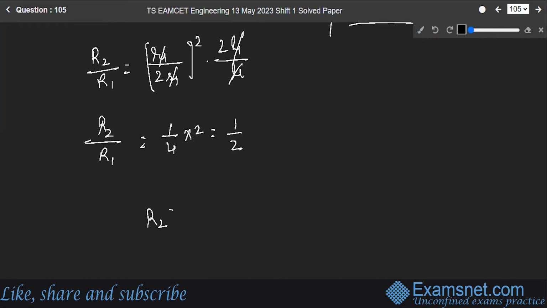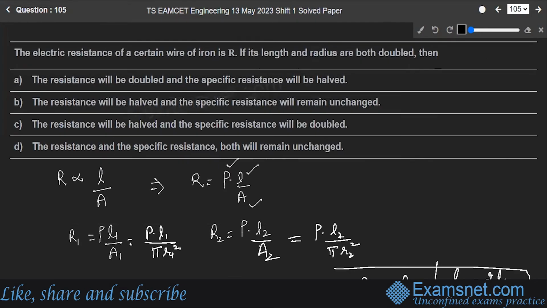Or you have R2 is equal to R1 by 2. R1 is actually R, right? We discussed this thing. So this is R by 2. Since the specific resistance does not depend on the dimensions of the wire because it depends only on the nature of the material of the wire and temperature, the correct answer to the question is that the resistance will be halved and the specific resistance will remain unchanged. This is option B.